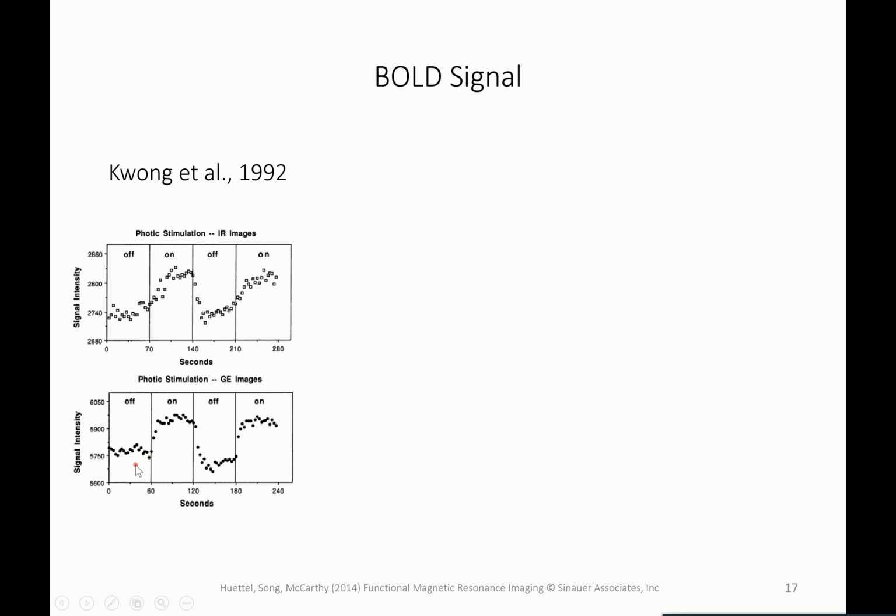What this shows is a block design, as one would call it these days, where humans were stimulated with a bright visual stimulus, and sometimes it was off and sometimes it was on, and this shows measurements from the occipital cortices. And what you can see here is that the MR signal goes up if the stimulus is on, and the same thing is shown here.